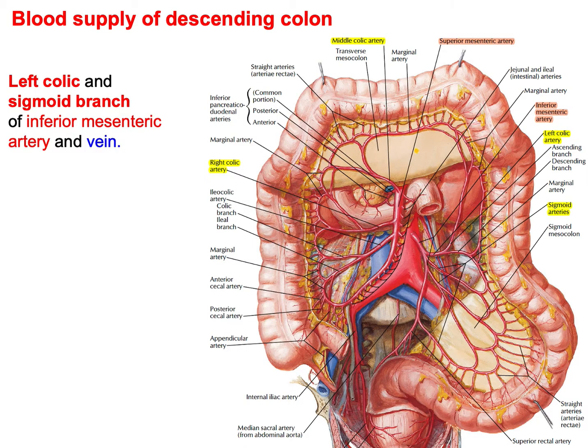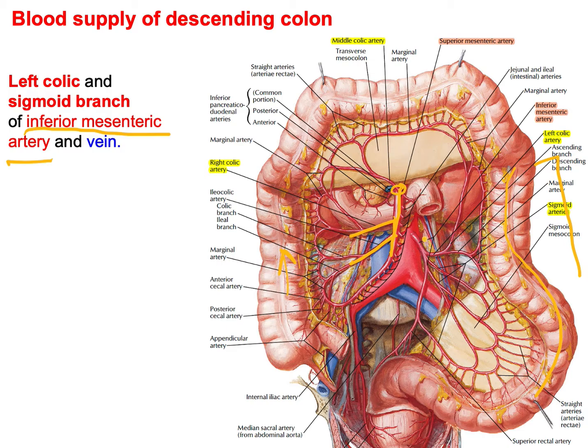The blood supply: if you remember the ascending, the blood supply to the ascending was from the ileocolic and right colic. They are branches from the superior mesenteric artery. But the descending colon, my friends, is part of, or developed from, the hindgut. That means the blood supply is from the inferior mesenteric artery, not superior, from inferior.